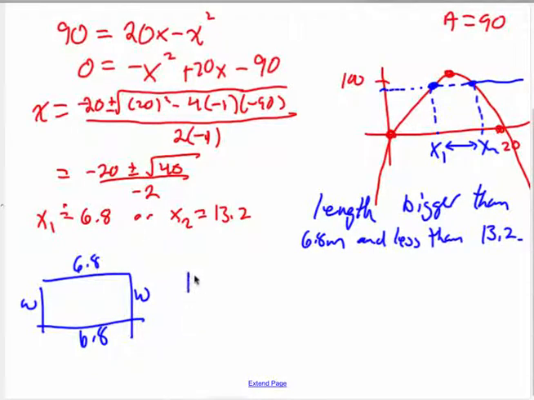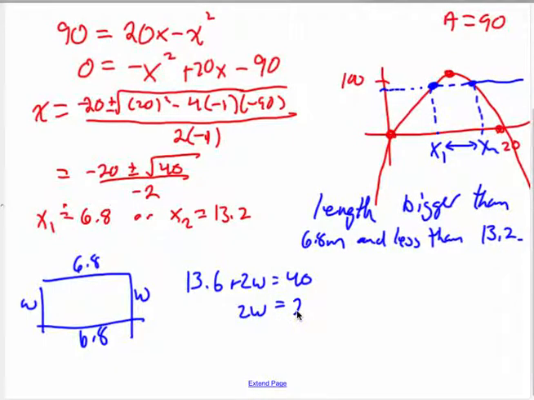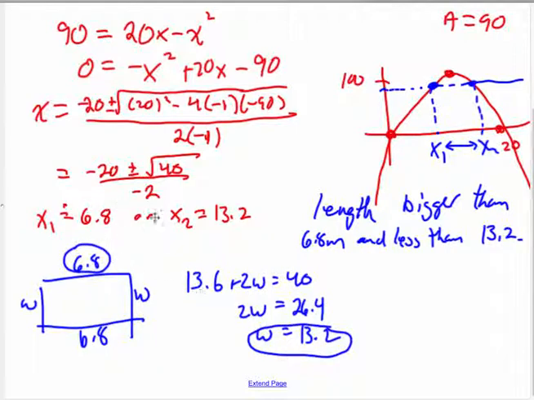Ooh, interesting. 13.6 plus 2W is my 40, so 2W is 40 minus 13.6, which is 26.4, and then divide that by 2, so the width has to be 13.2. Interesting. Notice how the width and the length are actually the same rectangle. So for all intents and purposes, I have one rectangle where this is 6.8 and 13.2, and the other one is the exact same rectangle, it's just tipped on its side, sideways. There you go.